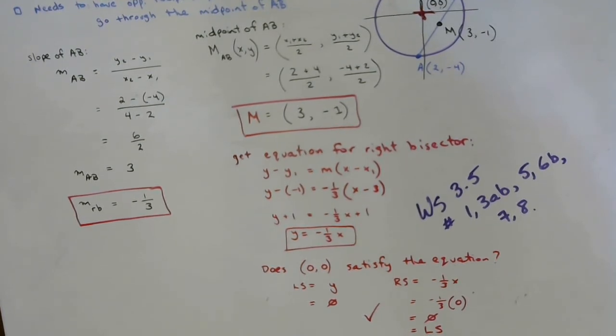In order to develop an equation for the right bisector, we need its slope.